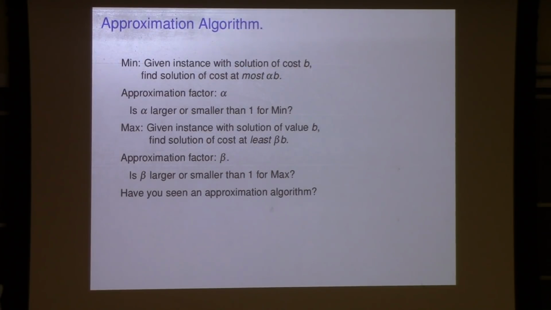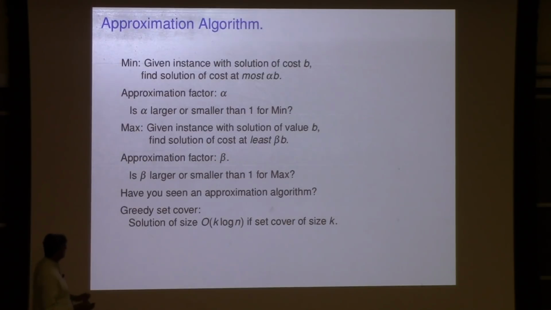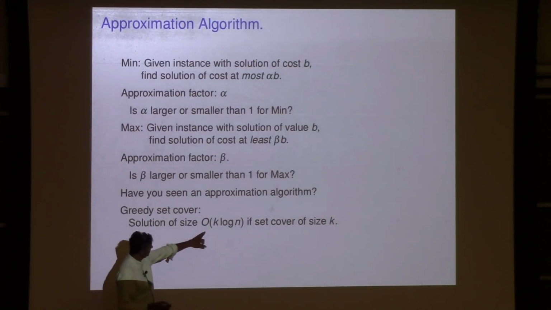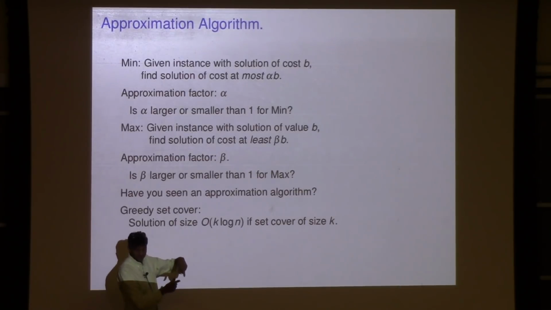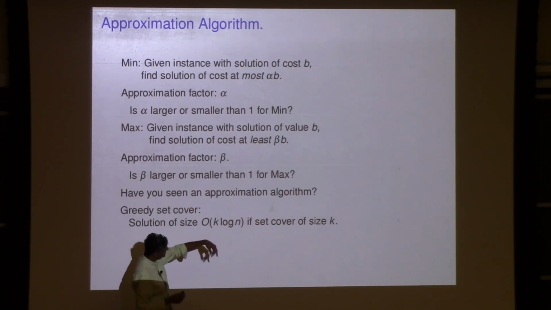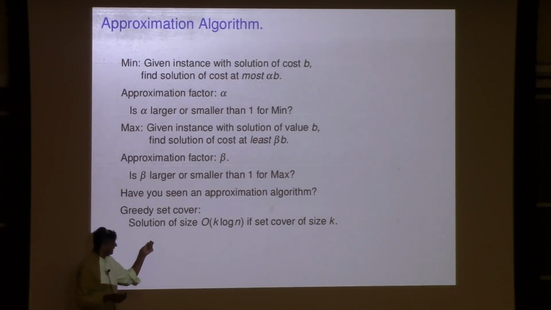Now, the question is, have you seen an approximation algorithm? Well, I told you a long time ago that you have. Greedy set cover. So the solution of size O of k log n, this is a minimization problem. You're trying to find the minimum number of sets to cover your underlying universe, or your underlying set of elements. And we said the greedy algorithm provably always does this well.